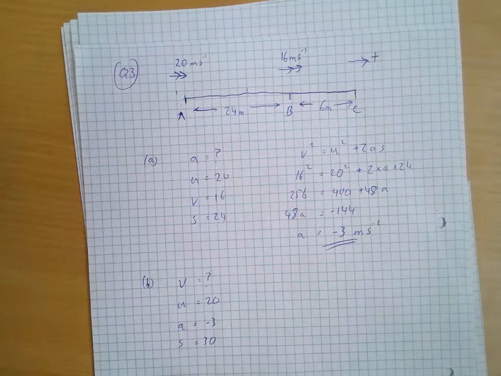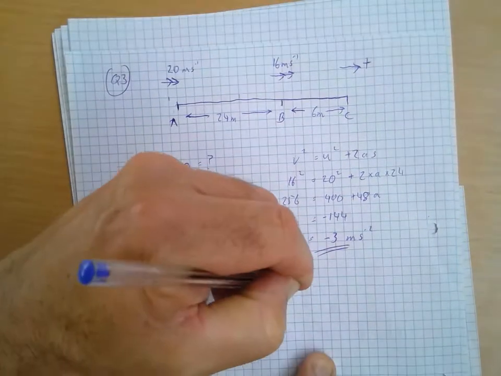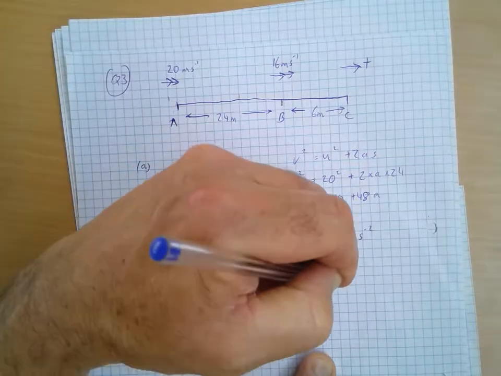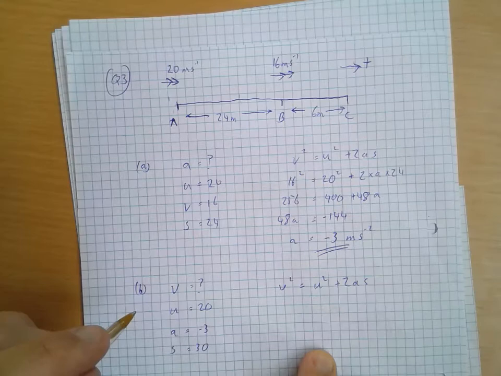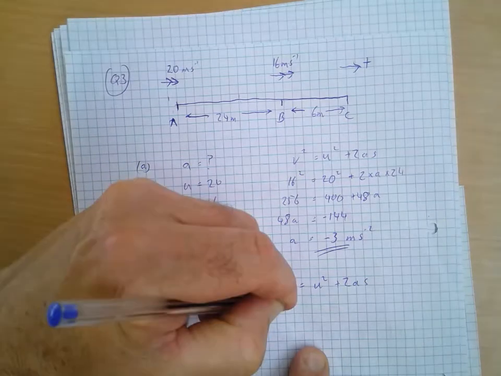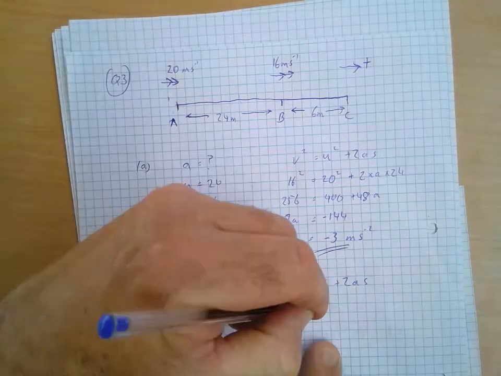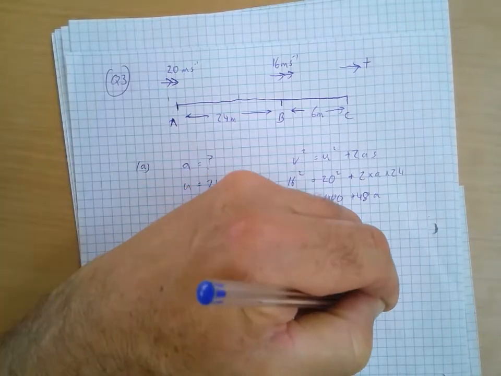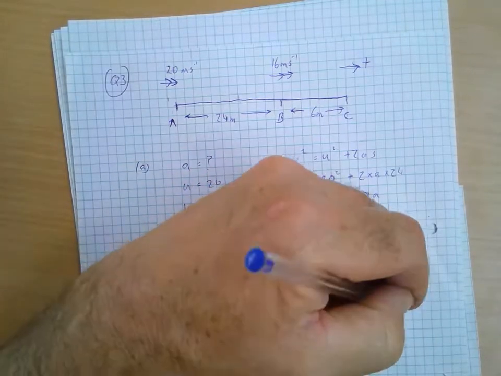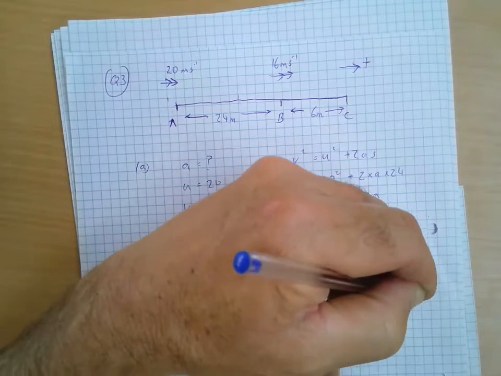So again, it's going to be V squared equals U squared plus 2AS. V squared we're trying to find, 20 squared plus 2 times minus 3 times 30.